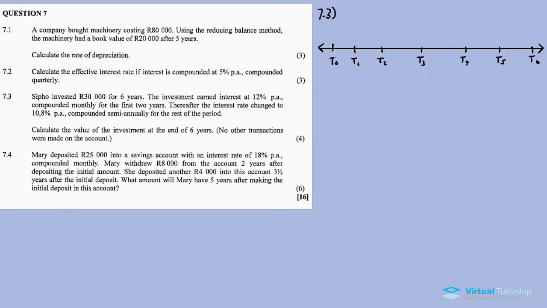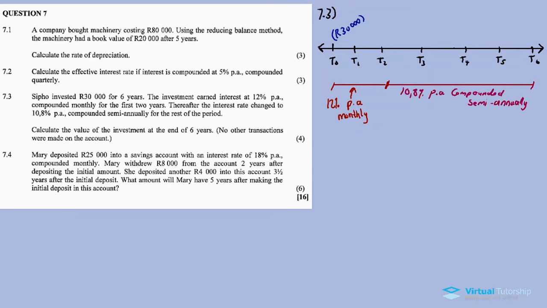Make sure your timeline starts at T0, right? And then you deposit 30,000 rand. It stays for how long? For 6 years. For the first 2 years, from T0 to T2, we have a 12% per annum compounded monthly interest rate. And then for the remaining number of years it is 10.8% per annum compounded semi-annually.